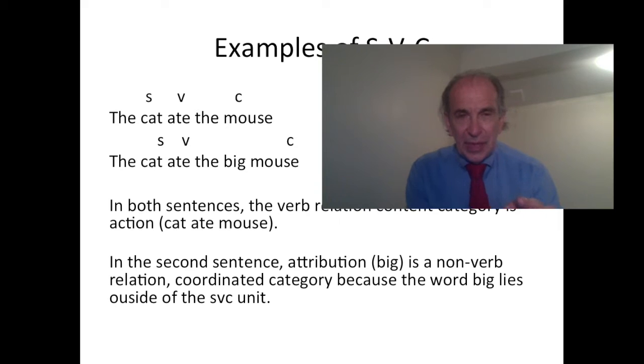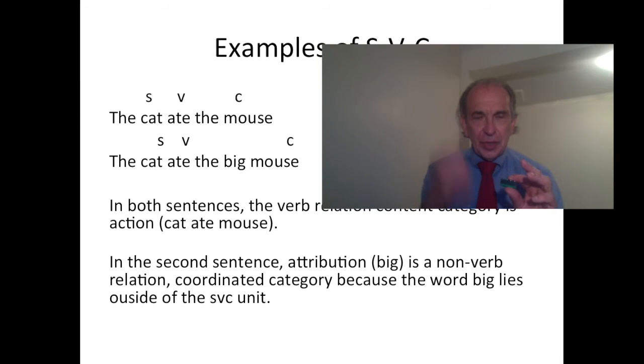So that attribute, that big, gets categorized as the content category attribution, but that is a non-verb relation content category. That is, it comes outside of the SVC. I would again like you to develop an appreciation of the naturalness and inherent importance of SVC, that relationship, as representing the neurological foundation of a sentence as the mind creates the sentence. So in both sentences, the verb relation content category is action.